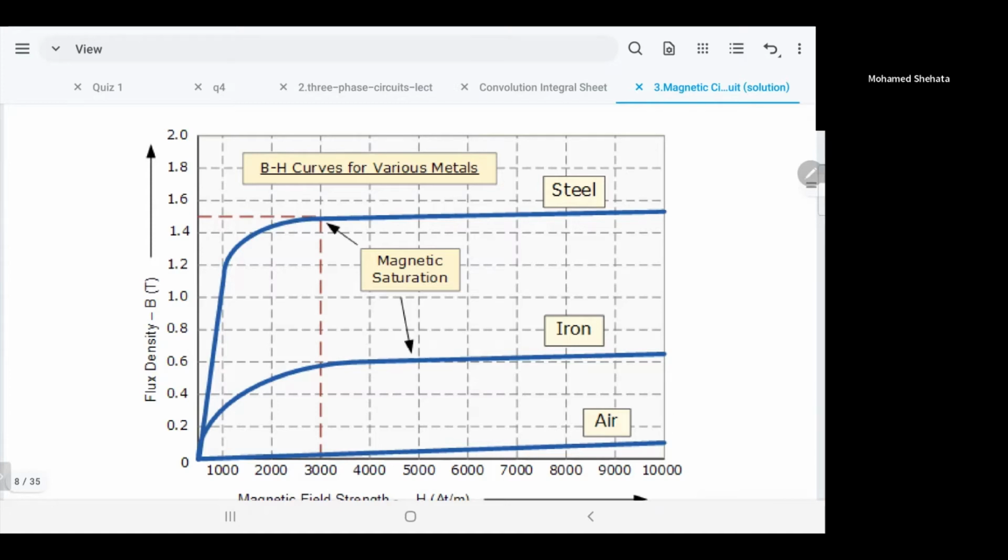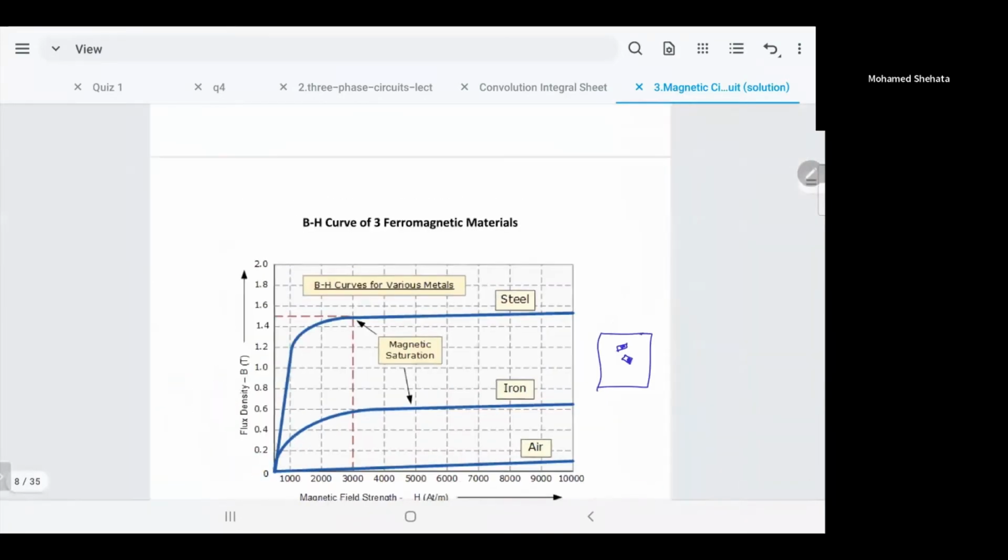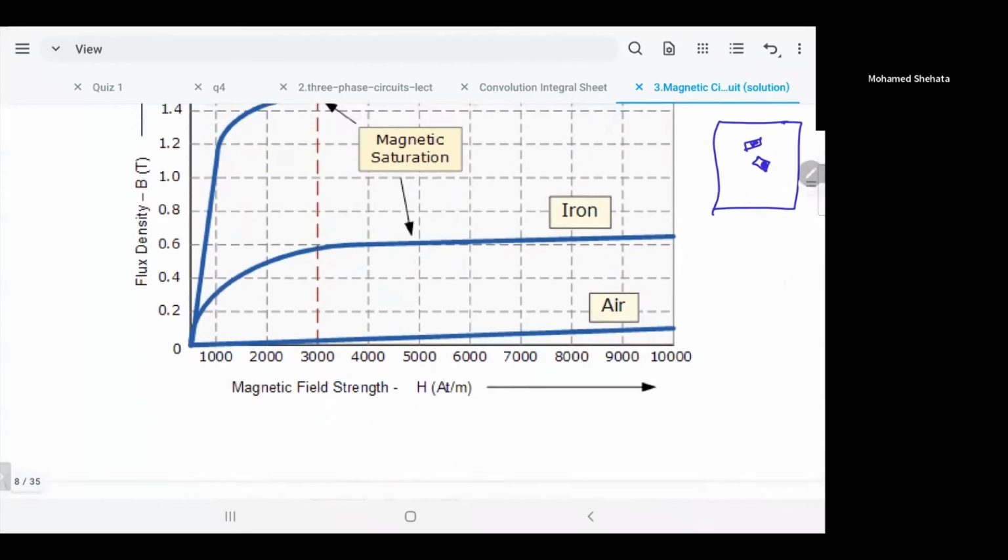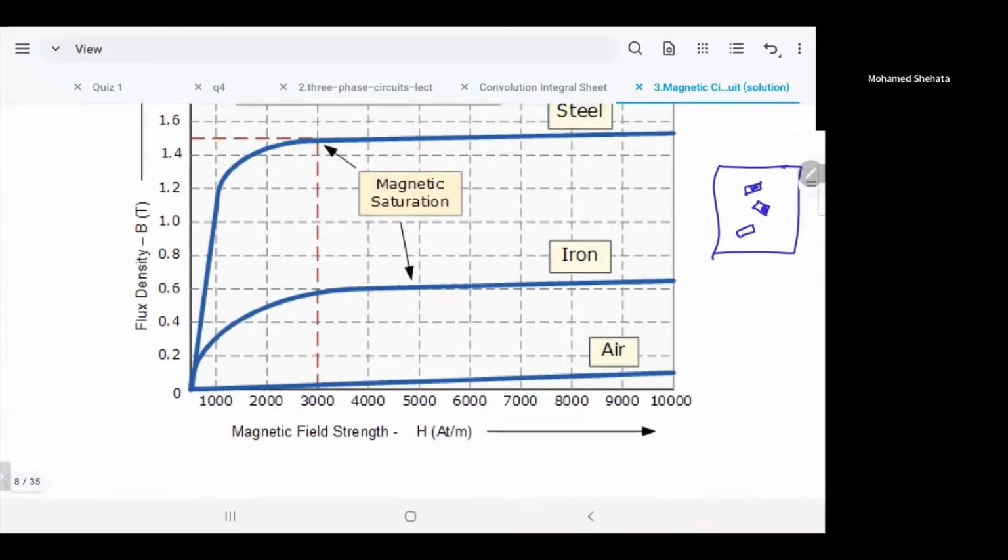Any material consists of electrons, and groups of electrons together with the protons form something called a dipole. A dipole is like a small magnet inside any material. You don't have an actual magnet, but the way the electrons in the orbits are arranged, they form a dipole, which is a small magnet.